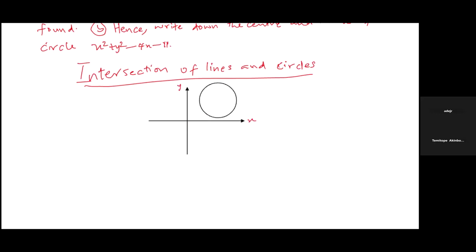It's possible to have a line that will touch the circle at 2 distinct points, and it's also possible to have a line that will touch it at just 1 point.